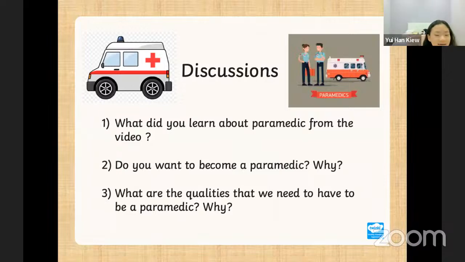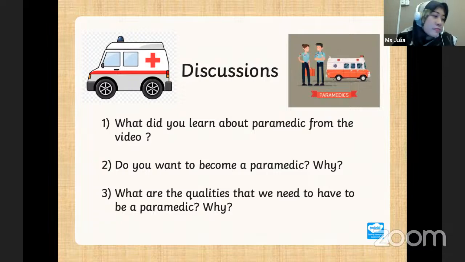What are the qualities that we need to have to be a paramedic? And why? Can you maybe give 2 or 3 qualities, Yehan? What qualities should you have to be a paramedic and why? Maybe 2 first. What's quality? Example: a policeman, a police officer.